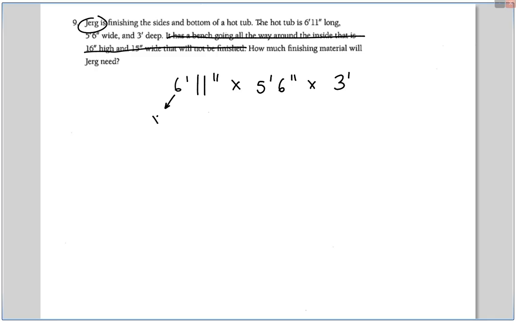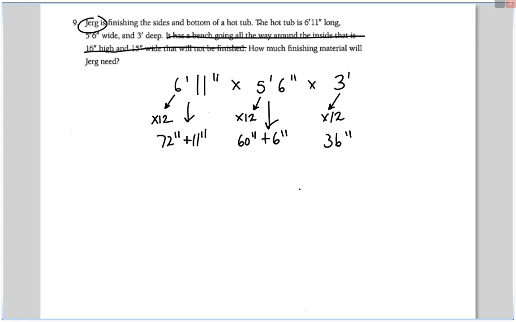So take all your feet and times by 12, because there's 12 inches for every foot. So this is 72 inches plus these 11 inches. That covers the first one. 60 inches plus 6 inches covers this one. And then 3 times 12 is 36 inches.